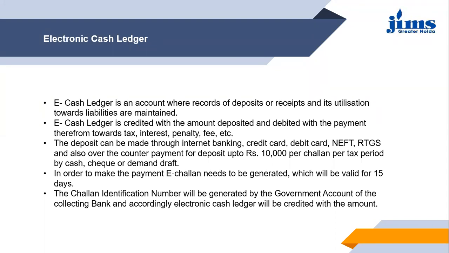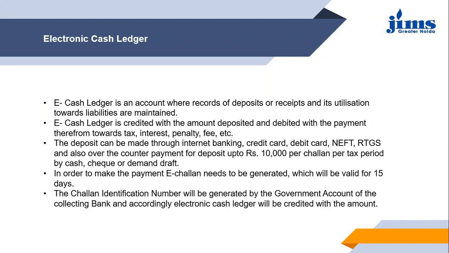In the same way, in the e-cash ledger on your GST portal also, you will have the same entries. You will have the credit of all the amounts that have been received in your cash ledger, and on the debit side you will have all the payments that you have made out of your cash ledger, maybe payment of taxes or fees or interest or penalty, whatever has been imposed on you as per the GST compliances.